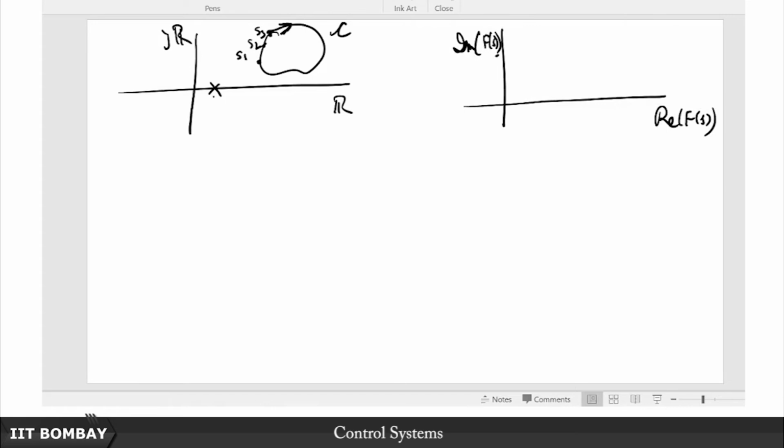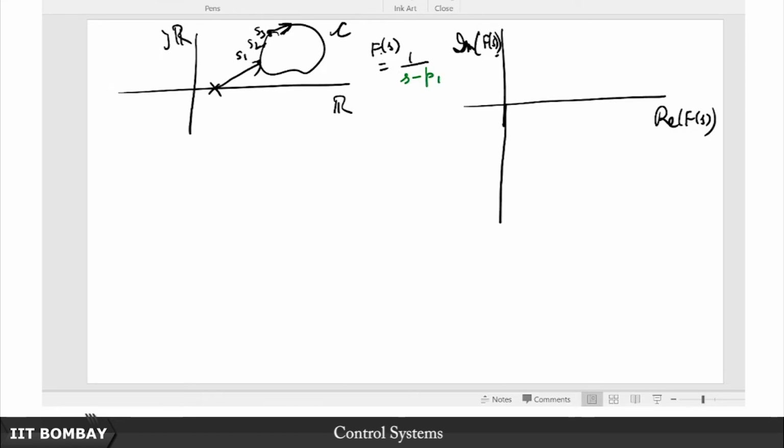Okay. So let us see. So here, of course, in a moment it will be clear why I just drew a longer line here. You see here my Fs is going to be 1 by S minus P1. So this is going to be S minus P1.